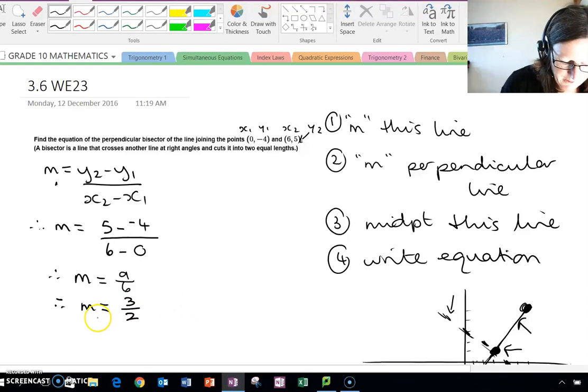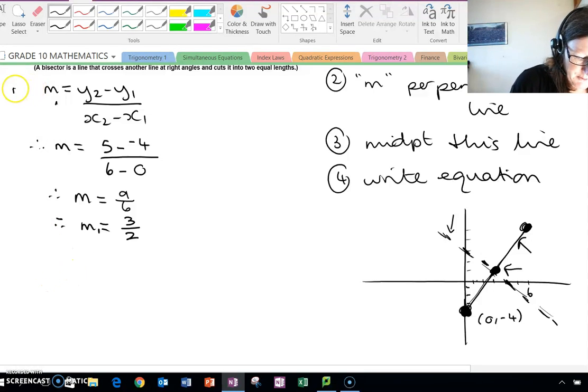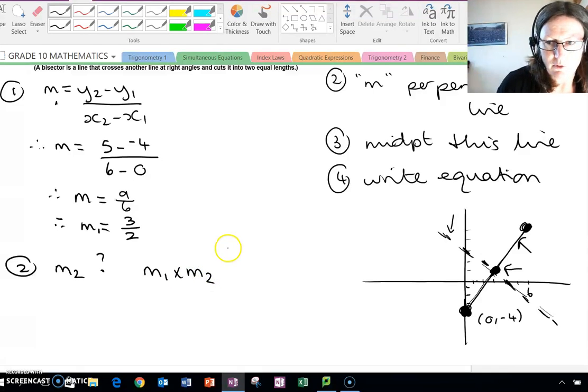So that is the gradient of our original line. Step 1 done. Step 2 is the gradient of the perpendicular line, the dotted line. We need to remember that m1 times m2, for perpendicular lines, when you multiply the gradients together you get -1.